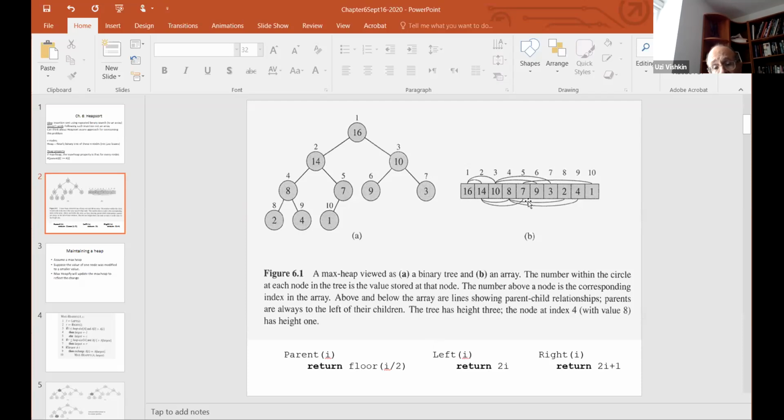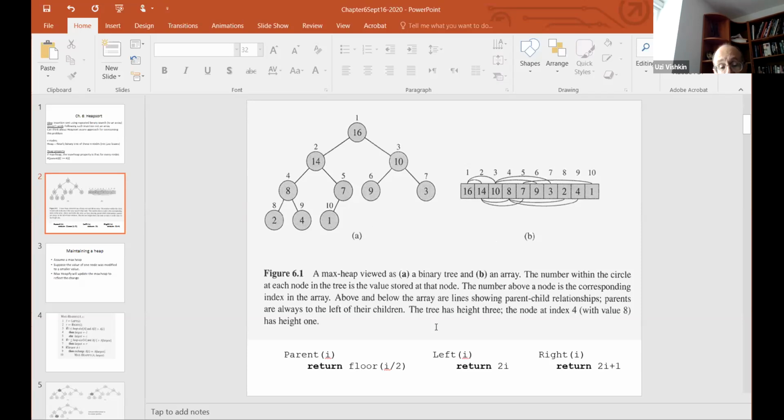So I can use a one-dimensional array to represent this seemingly two-dimensional tree. Let me repeat. Look at the node here, node 3, node whatever. By just looking at its index, I can figure out where its left and right children are in the array. So if you give me only the array, it's as if you gave me this tree.